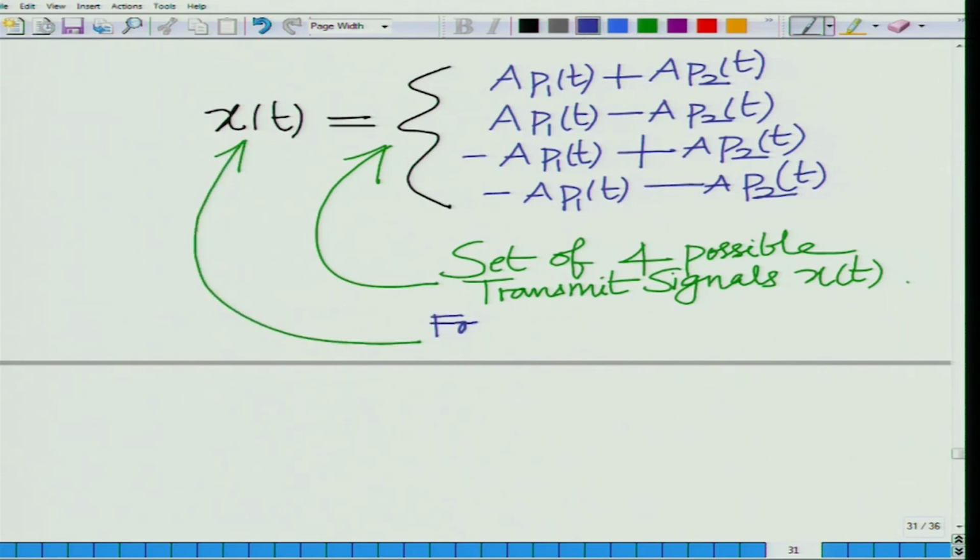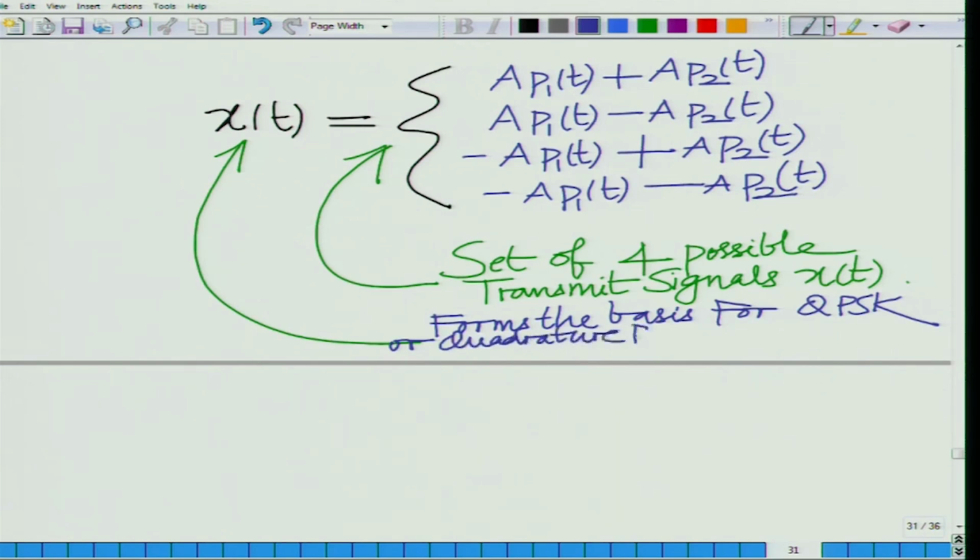This forms the basis for quadrature phase shift keying.